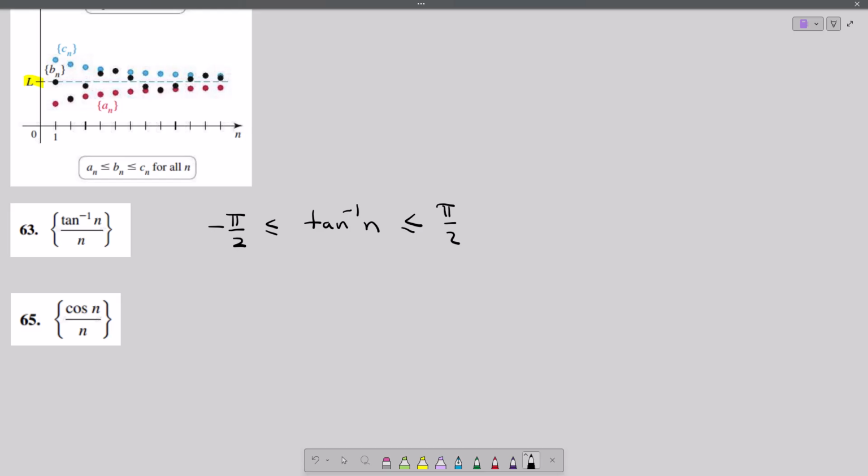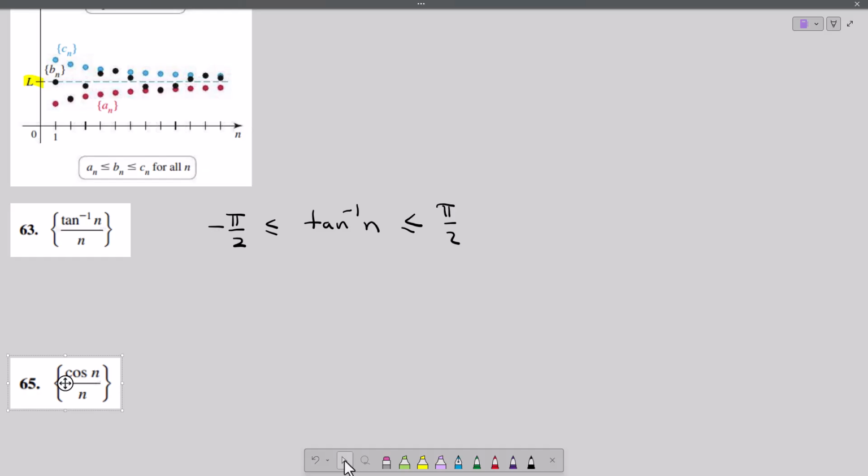And now what we do is divide everything by n. So we start by grabbing the bounded function, write down its bounds, and now we're going to try to create the inverse tangent of n over n by dividing everything by n. So we're trying to create in the middle whatever the sequence term is.